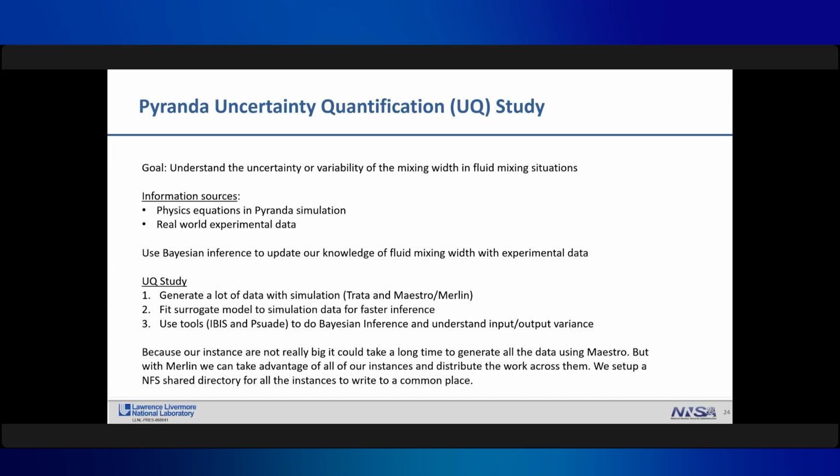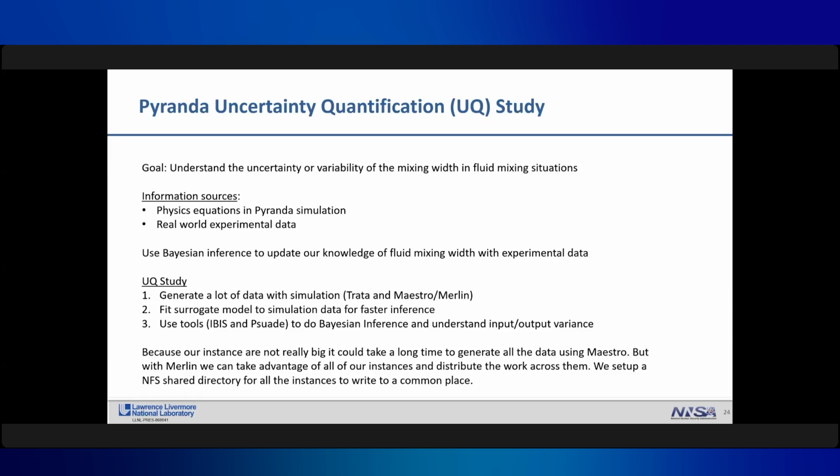Then we can use Bayesian inference to update our prediction of the mixing width with the more accurate experimental data. So in our UQ study, first we'll generate a large amount of data, and Trata will tell us where to sample. Merlin and Maestro will execute the workflow, and the time series curves and metadata are saved to a Sina database. Next we can fit a surrogate model to the simulation data, and that will allow for faster inference.